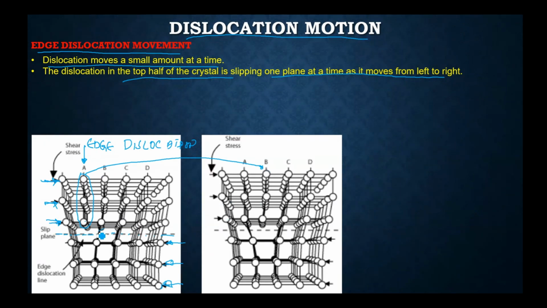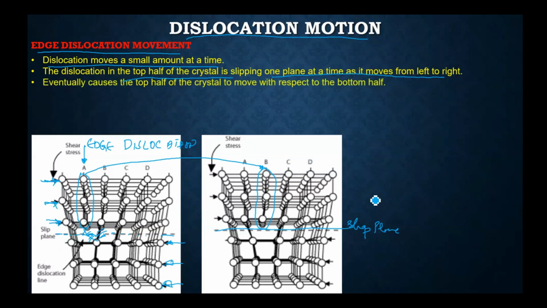These bonds have been disrupted, and they have been created with the atoms at position A, and now the dislocation has moved to a new position which is B. And where has this moved? The dislocation has moved along the slip plane. Is this point clear to you? Yes, sir.